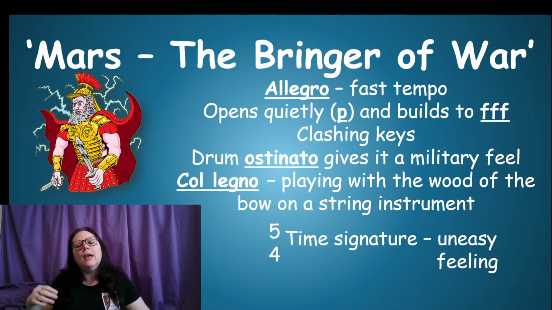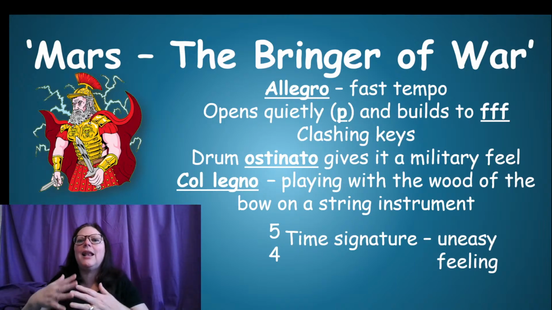Okay. I've put next: clashing keys. Now, we've talked a little bit about scales and how scales are put together, and scales sound very pretty and very nice. But if you combine notes that clash, you get this clashy feel. It feels very uncomfortable.